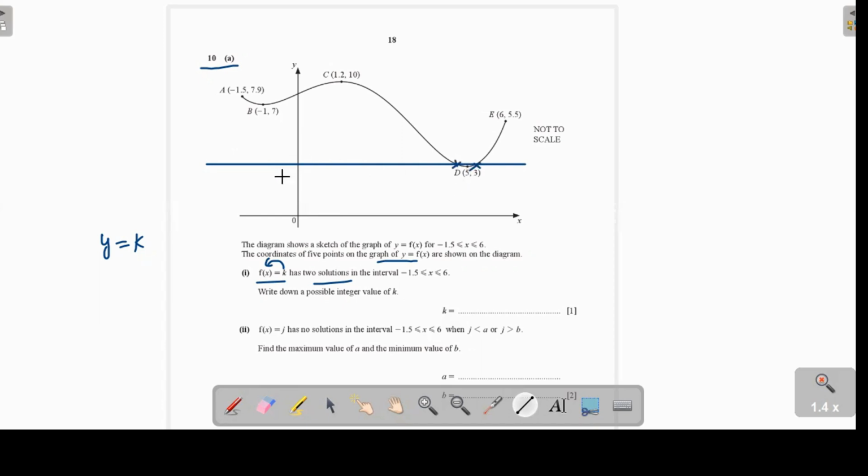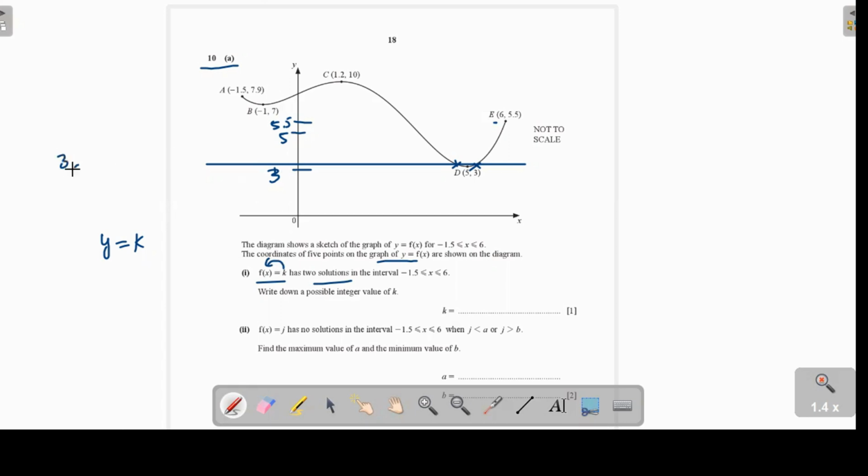Now from y equal to 3 to that position, now this is the position y 5.5. Less than 5.5, and in between these two points, this graph has two solutions.